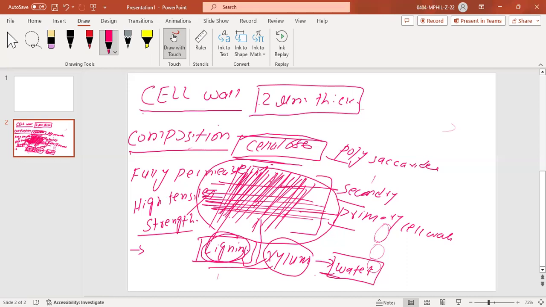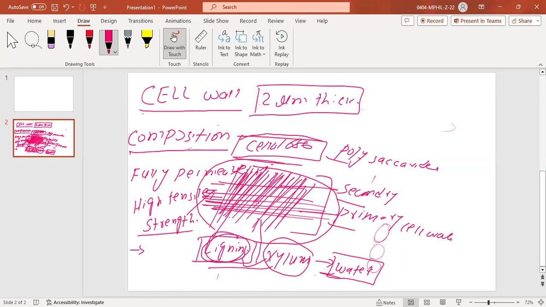And the second layer is the secondary cell wall, which is arranged in a longitudinal way, having fibers arranged in a parallel manner, and this is how it forms a cell wall structure. And the cell wall of the xylem has an additional chemical, lignin, that provides more strength to the cell wall.